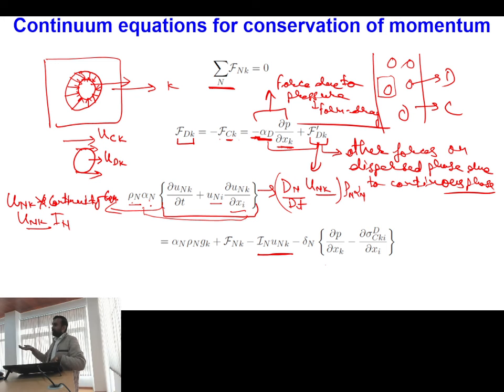The dispersed phase continuity equation is nothing but equal to capital I n. So this term I n k into u n is coming because of the mass exchange, the mass interaction term. Are all clear with this idea?